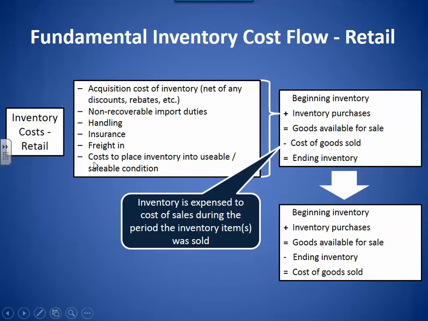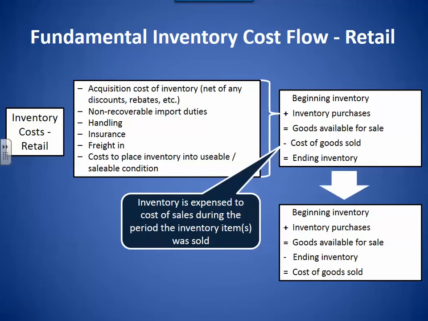And lastly, we also have any other costs that are associated with placing the inventory into usable, or if you will, saleable condition. So that's the inventory process. Again, I'll remind you, beginning inventory plus purchases equals cost of goods available for sale, minus cost of goods sold equals ending inventory.